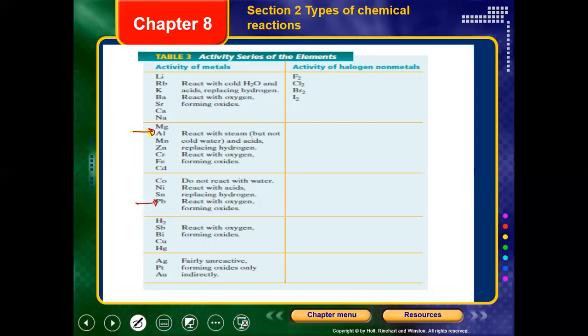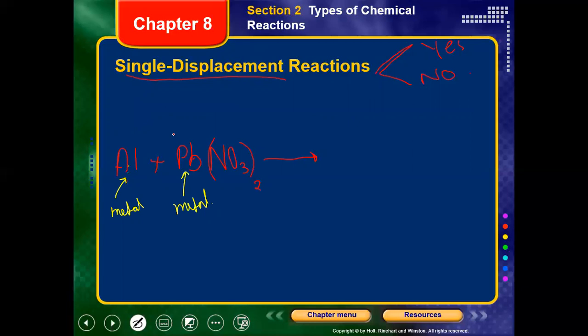Aluminium comes first, so it's more active than lead, so it will win. It will take the place of lead. It becomes Al and NO3. The charge of aluminium is positive 3, so 3 here. And the charge of NO3 is 1, no need to write the 1. And plus lead.